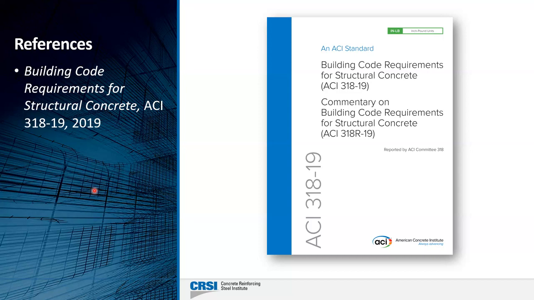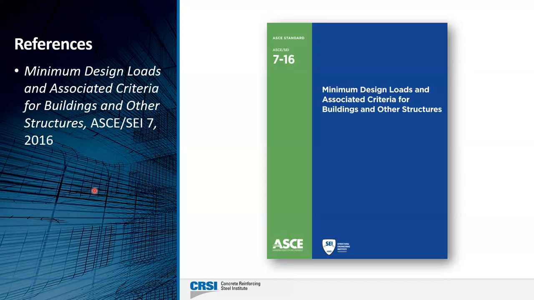You're going to see some references also today for the ACI building code, and that's the 2019 edition. So if you see a section number from ACI, it's coming from that particular document. Also, there are some references to ASCE 7, and that's the 2016 edition.